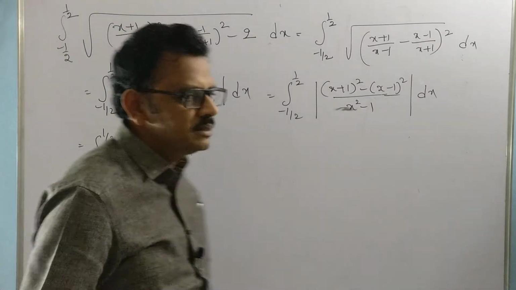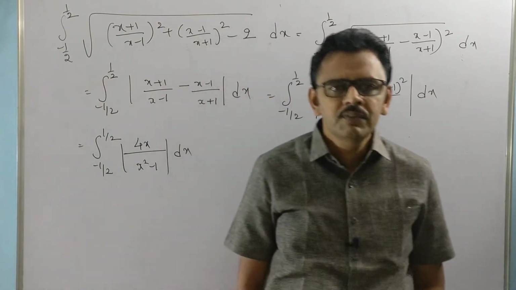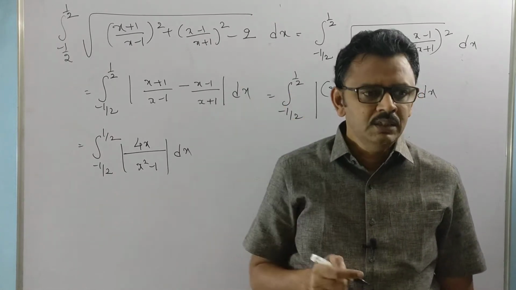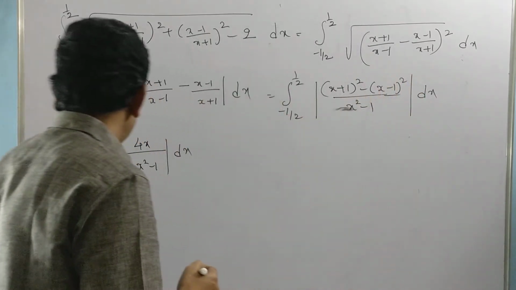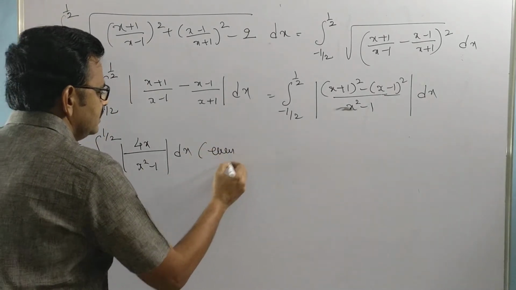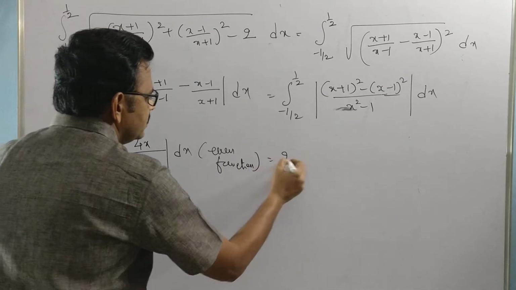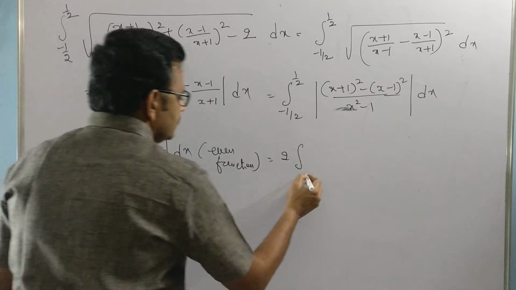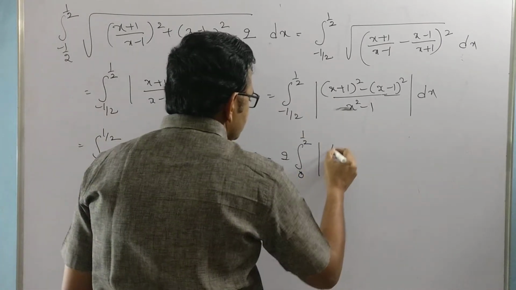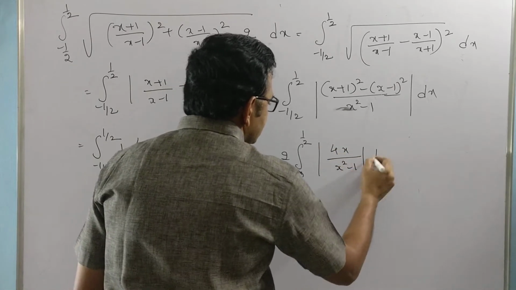Now if the function is integral from minus a to a of f of x dx, you check whether it is an even or odd function. If it is an even function, you write 2 times integral 0 to a of f of x dx. And clearly this is a mod, which is an even function. So write 2 times integral 0 to 1 by 2 mod of 4x by x square minus 1 dx.